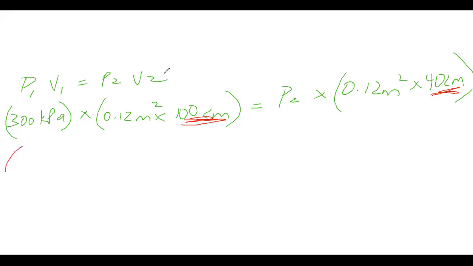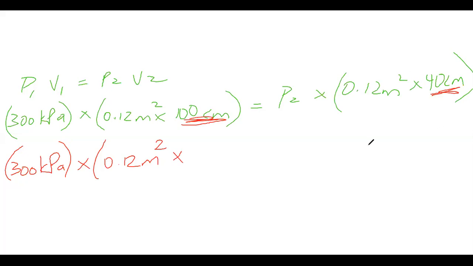So we're going to have 300 kilopascals multiplied by 0.12 meter squared multiplied by, how are we going to convert that, how many centimeters into a meter? You divide by how much? How many centimeters in a meter? Good, 100.